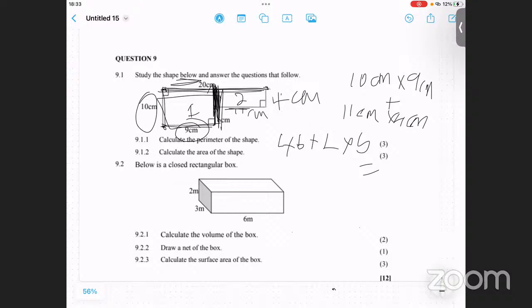So you're going to have length times breadth plus length times breadth because both of the shapes now are rectangles. Okay, so we're going to end up having 10 centimeters multiplied by 9 centimeters for the first shape, and then 11 centimeters multiplied by 4 centimeters for the next shape.